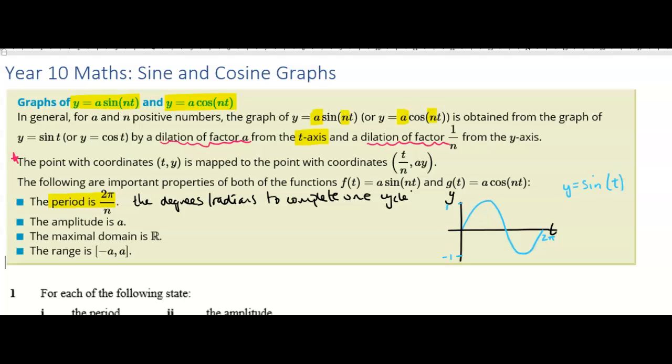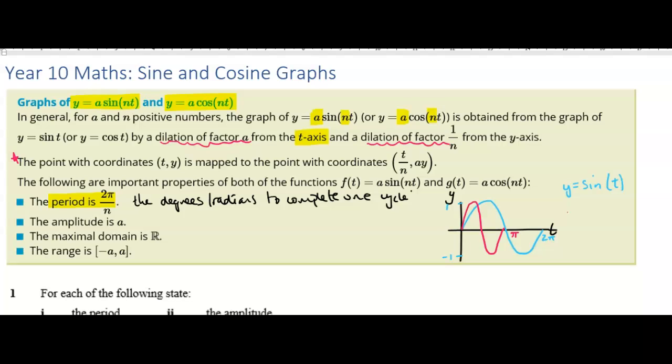Now, we can have another graph, and I'm going to try to draw this as well as I can. So there's another cycle, and that's finishing at pi. We know that halfway of that blue sine graph is pi, and this pink graph I've just drawn to pi.